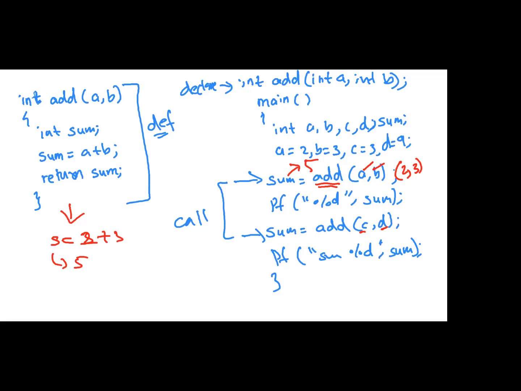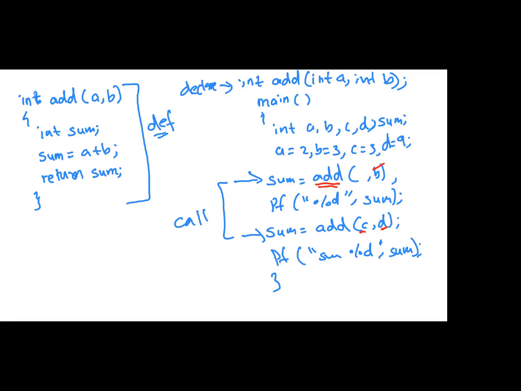So here, instead of sending 2, 3, now the values sent would be 3 comma 9. We are not writing the adding again. The adding is done here only once, which is called again and again. So here 3 plus 9, so 12 would be returned. So this sum will store 12.